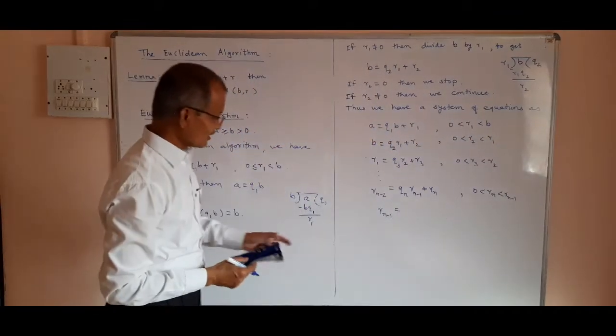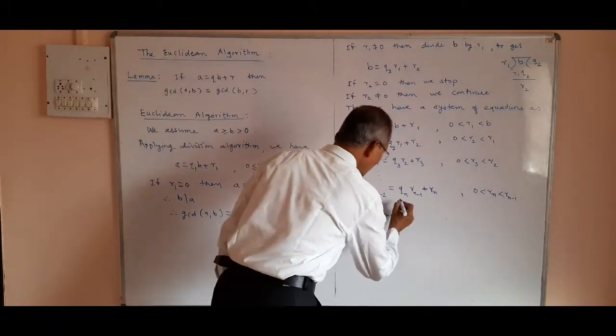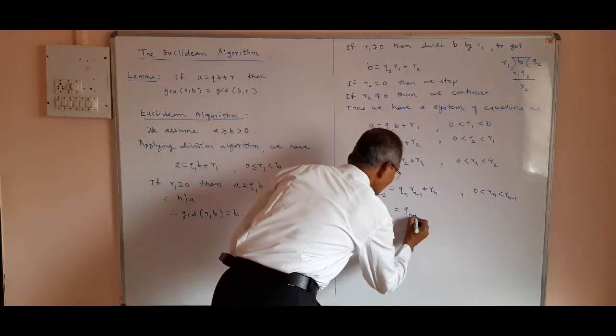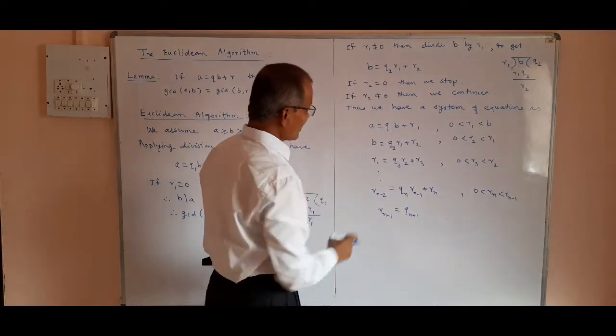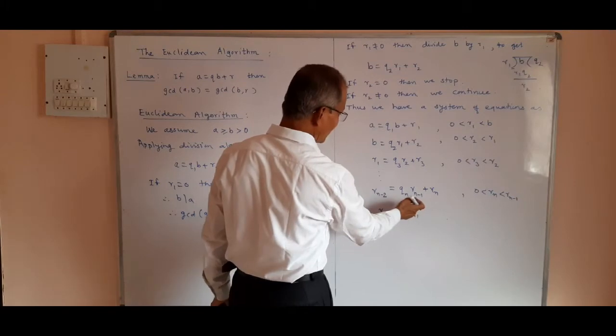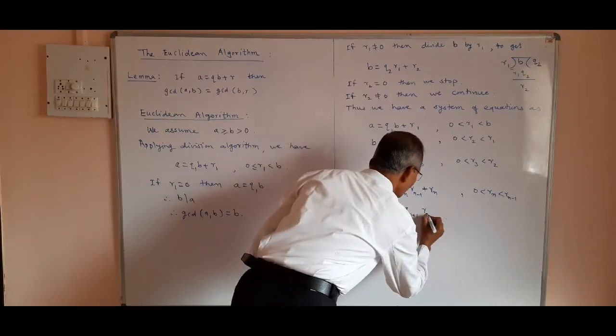And finally, Rn minus 1 will be Qn plus 1 times Rn. Increase the suffix: Q1, Q2, Q3, Qn plus 1, R1, R2 and so on, Rn minus 1, this will be Rn.